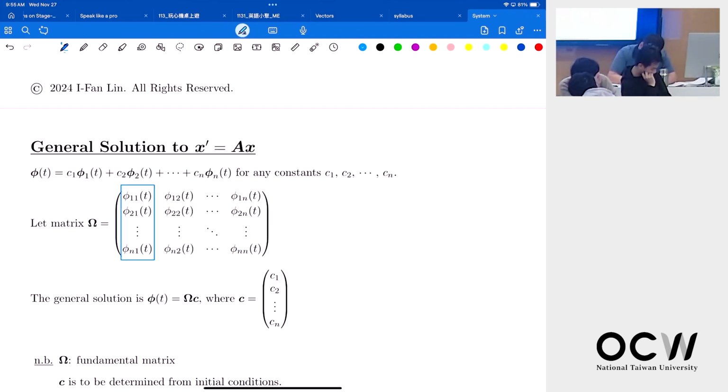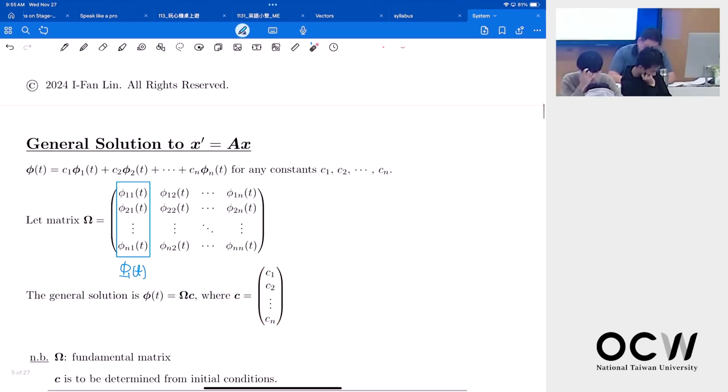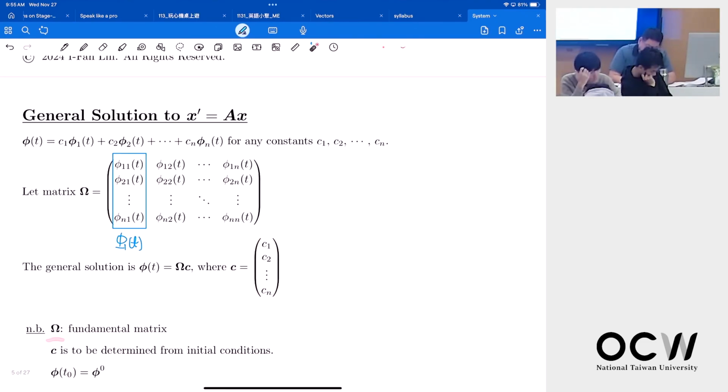Now the general solution for this homogeneous system is phi equals this matrix omega times C. C is the constants, and we can also put the constants into a vector form. The omega is called the fundamental matrix.